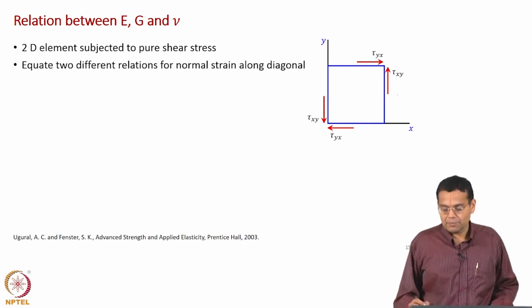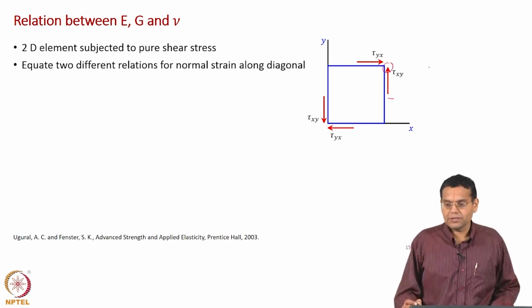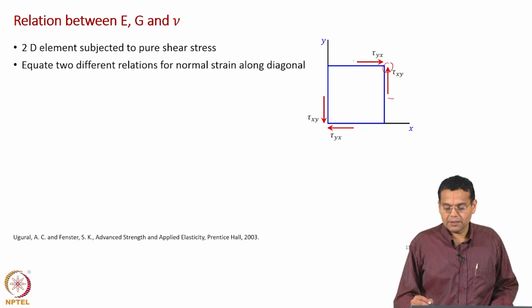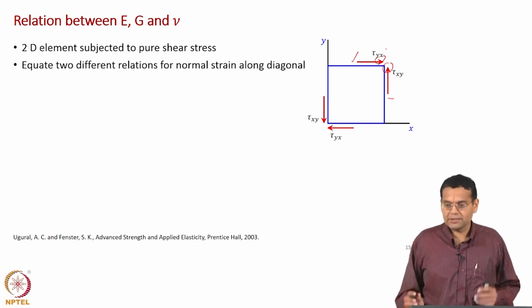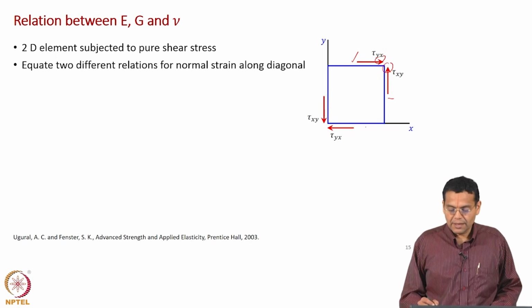On a positive face, positive force, and similarly on a positive face, positive force. So, all shear stress components are in the positive sense. And negative face, negative direction of force.